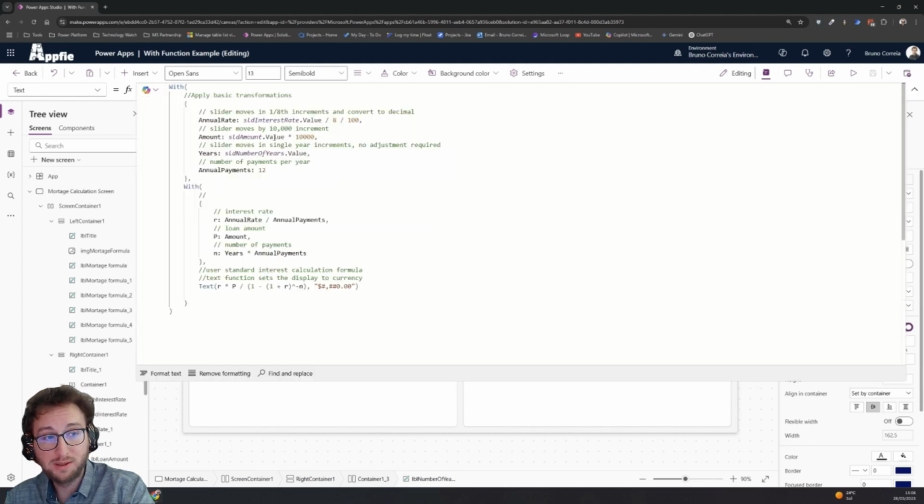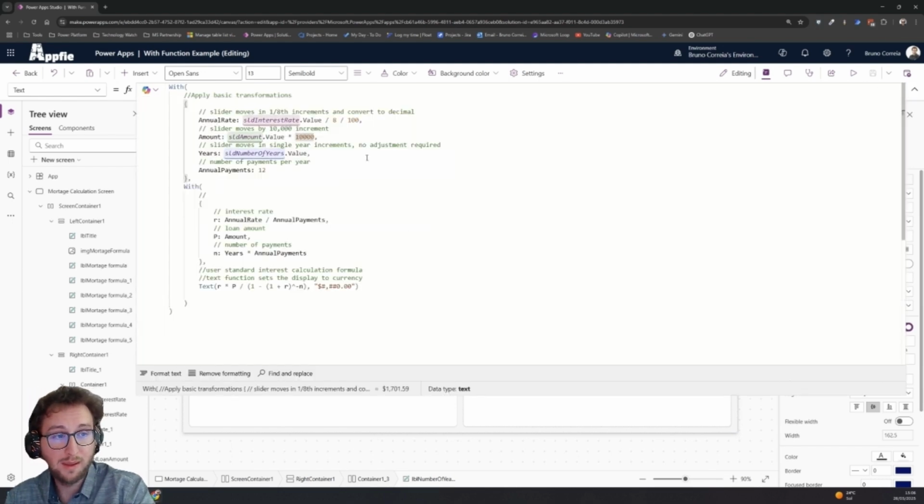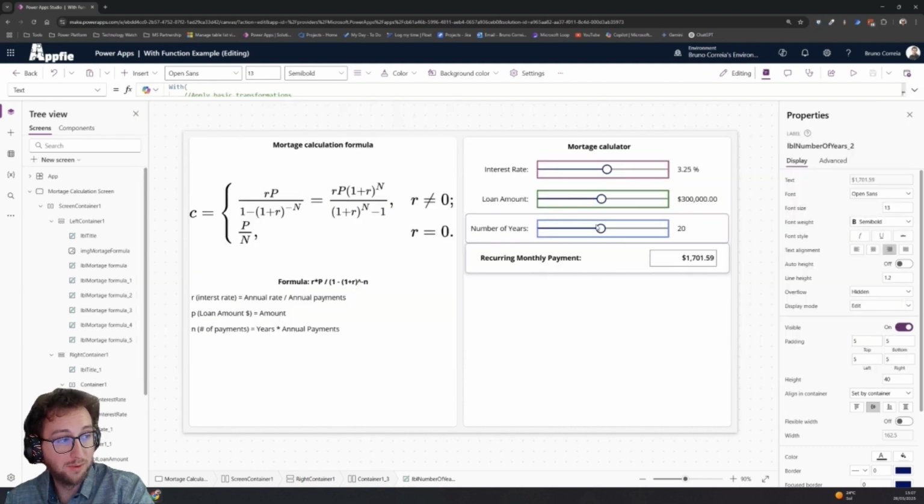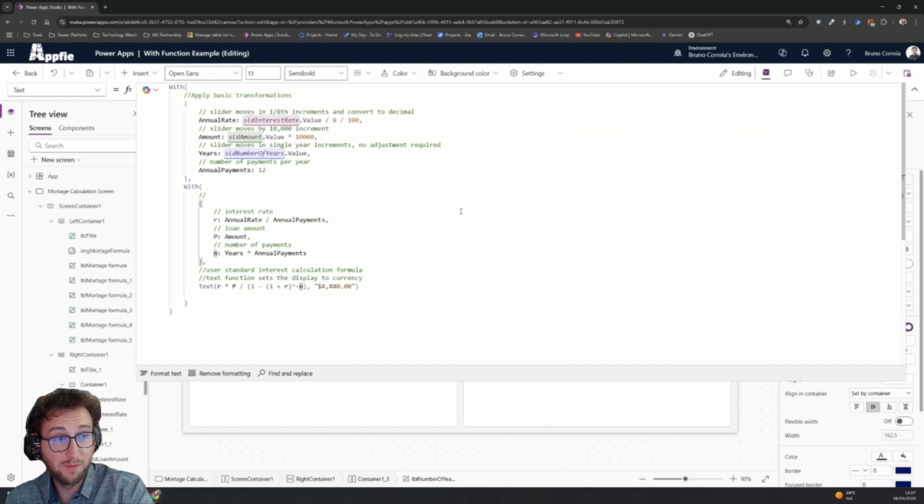The amount is the slider times 10,000, and of course the years is based on the slider value, and we just defaulted annual payments to 12, so you're paying every month. Then we were able to refactor that R into annual rate divided by annual payments, P being amount, and N being years divided by payments. With all that together, we are able to then simply keep our logic in scope of the With function.